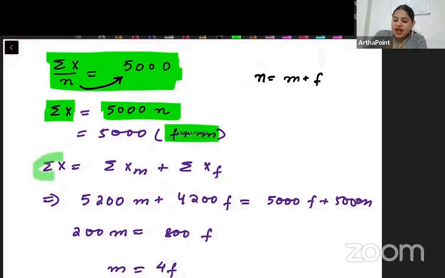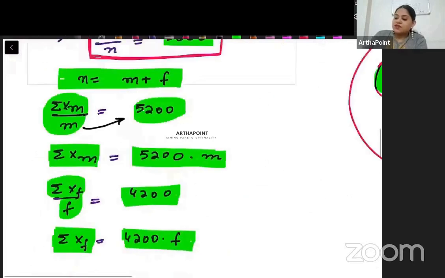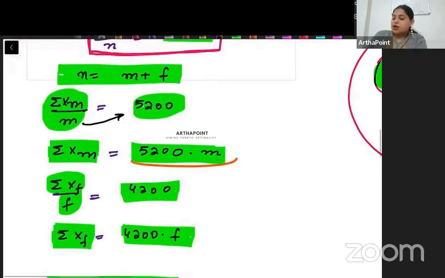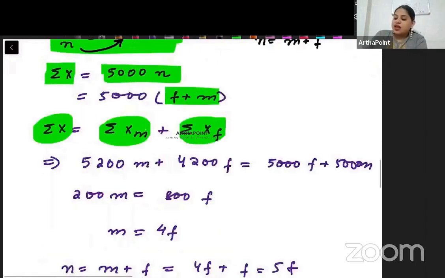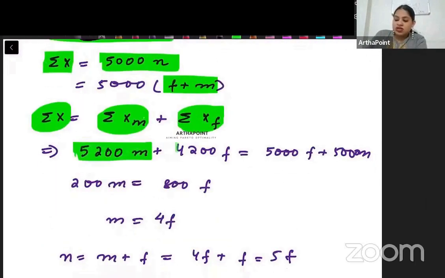So the total salary beta can be written as total salary of males plus total salary of females. Total salary of males, I found out as 5,200 M. Total salaries of female, I found out as 4,200 into F. So if I add the salary of males and females, that's the total salary.